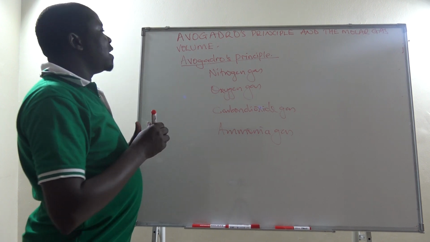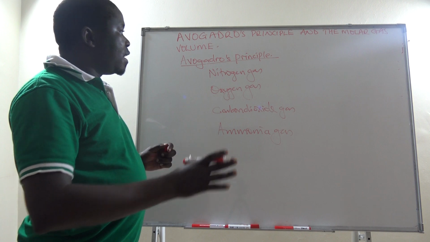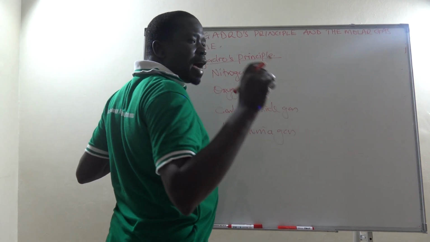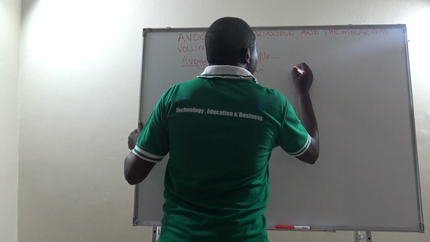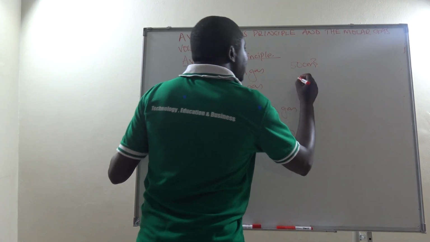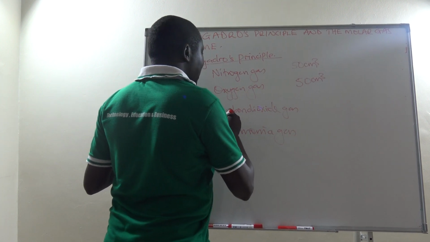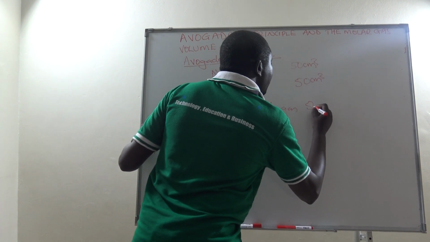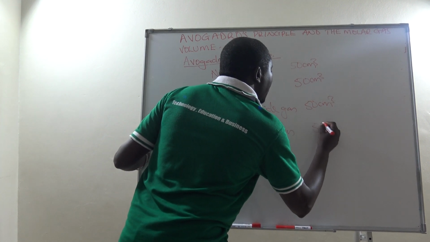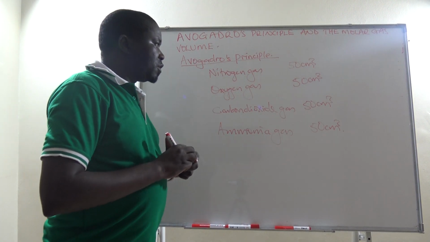So Avogadro collected different samples of gases, and then he made sure that he used the same volume of these gases. So assuming that Avogadro used 50 cubic centimeters of nitrogen, it means that he also used 50 cubic centimeters of oxygen. He also used the same volume of carbon dioxide and the same volume of ammonia. Let us say these are the four gases that Avogadro used.